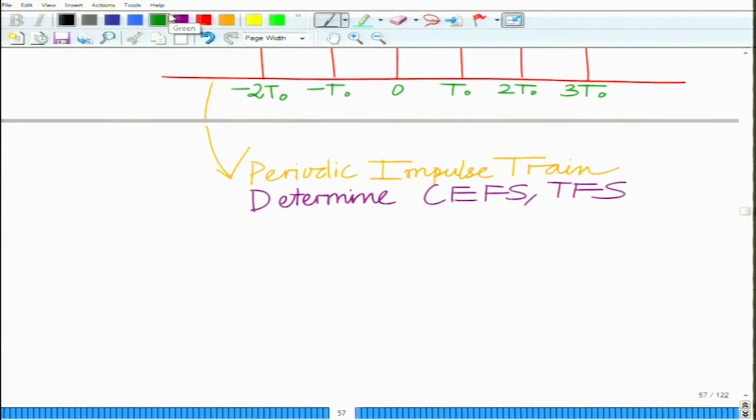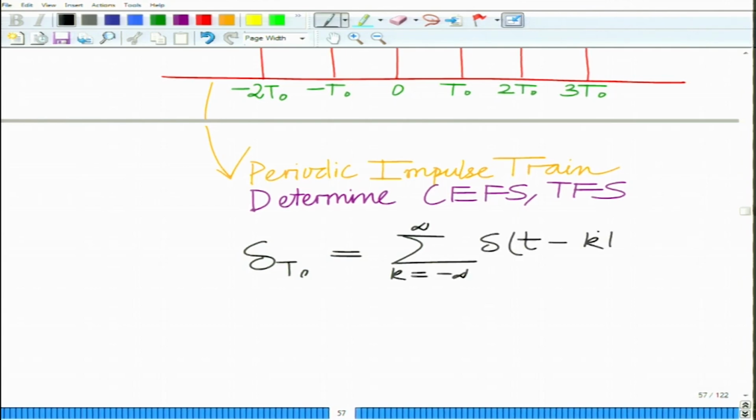So, let us call this periodic impulse train with spacing T naught as delta T naught of t. You can see this is nothing but the summation k equals minus infinity to infinity of impulses at every integer multiple of t naught.